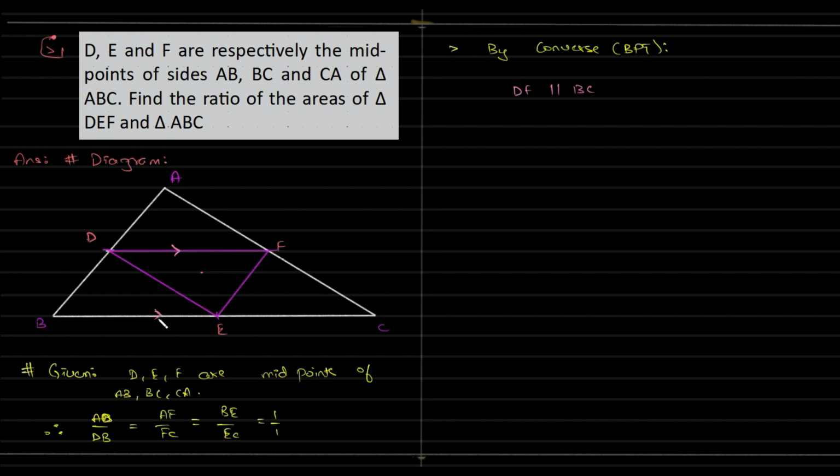So I already marked it. Then the next thing is EF is parallel to AB. Anyways, that is also correct. And DE is parallel to AC.